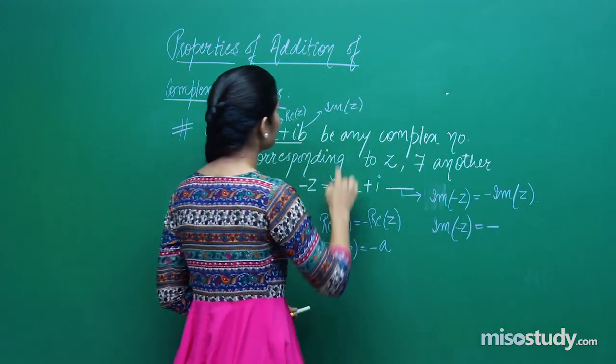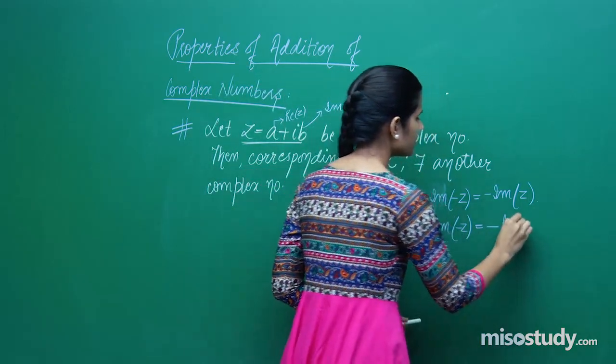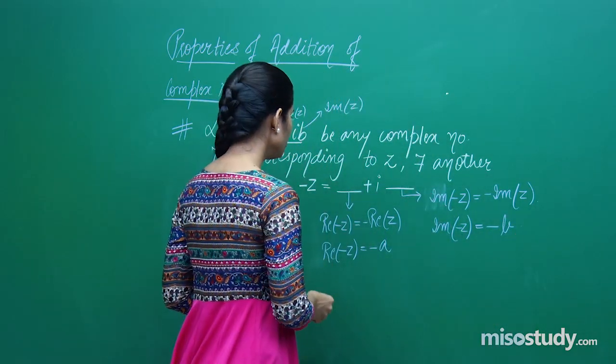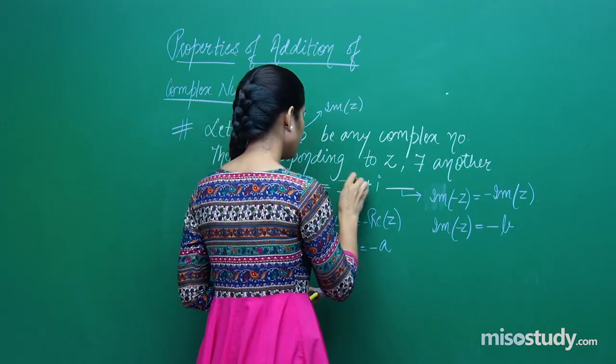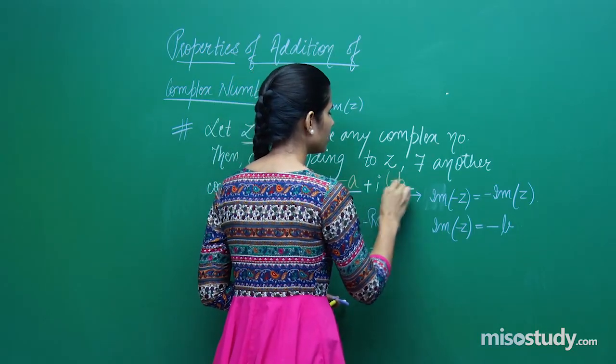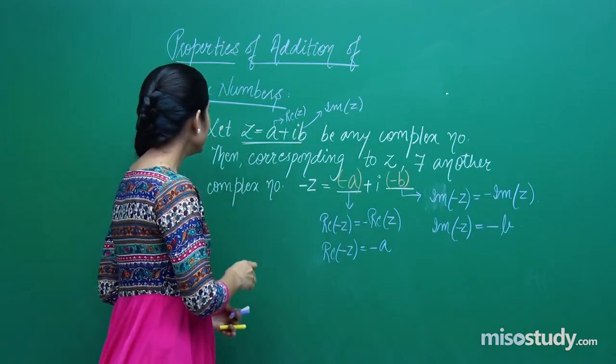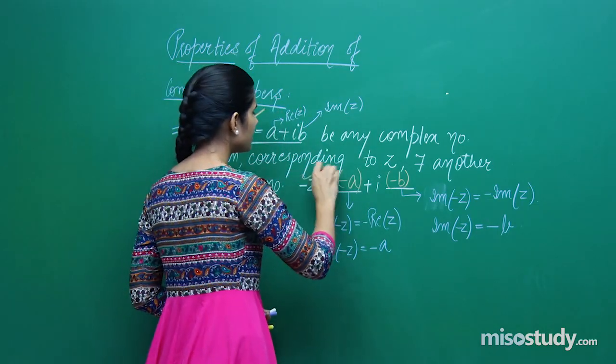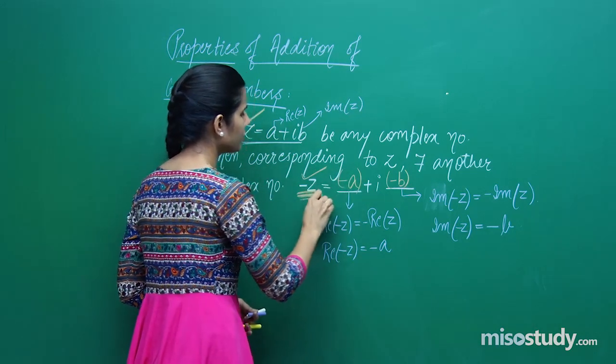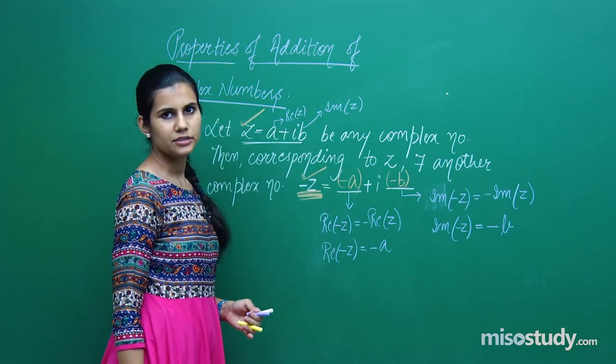It is minus of imaginary part of z, which is minus b. So, you are getting minus a plus iota times minus b. So, if z is any complex number, corresponding to z exists a new complex number known as minus z.